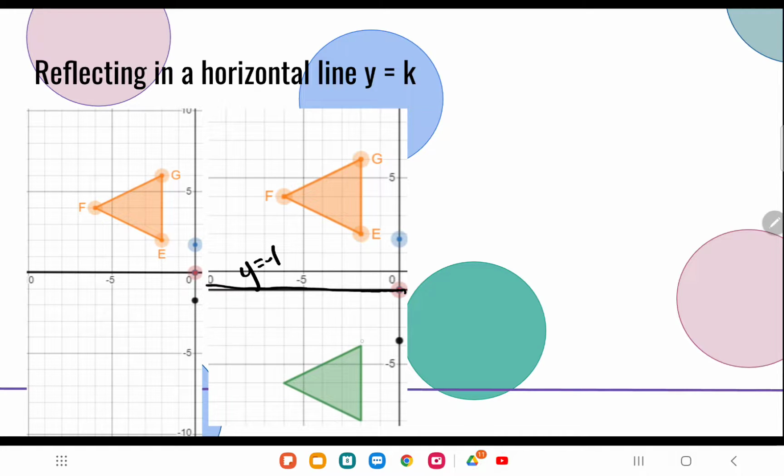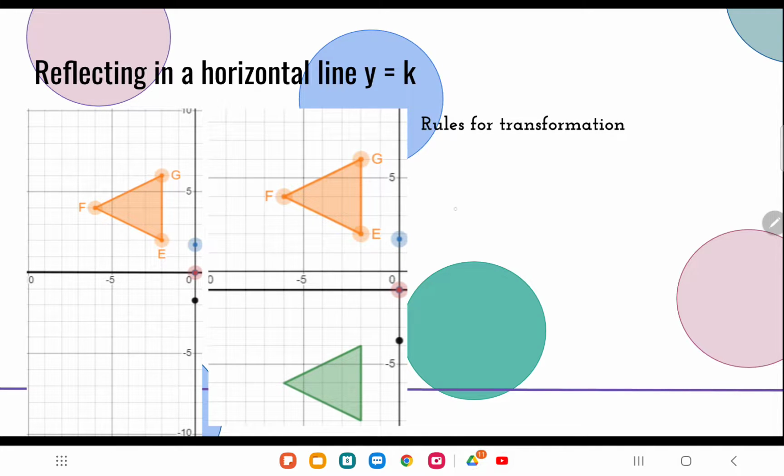That will leave me with E prime at negative 2, negative 4, rather than at negative 2, 2. So this distance here is doubled, and then that's where I'm going to plot my point. I can algebraically calculate this by doubling the value of the y coordinate of my horizontal line of reflection and then subtracting the original y coordinate.